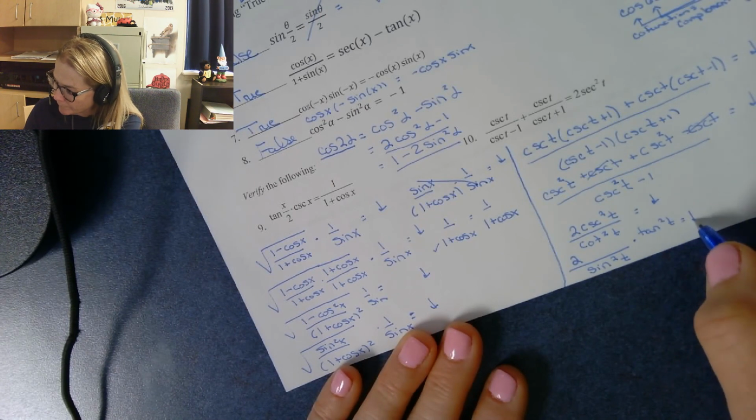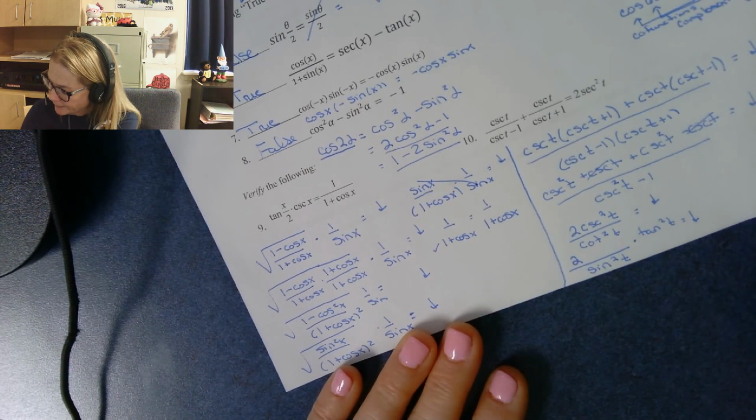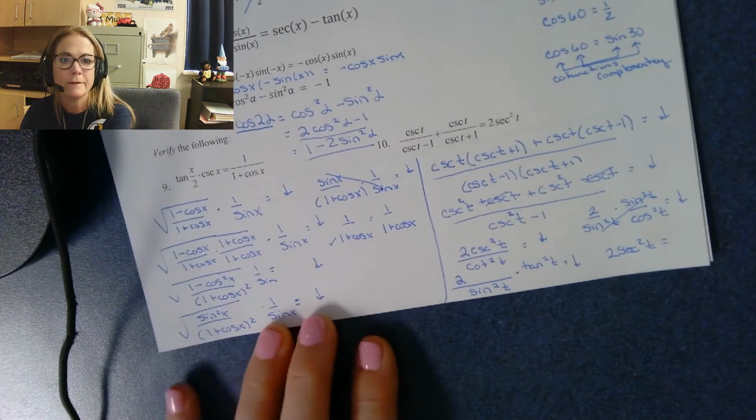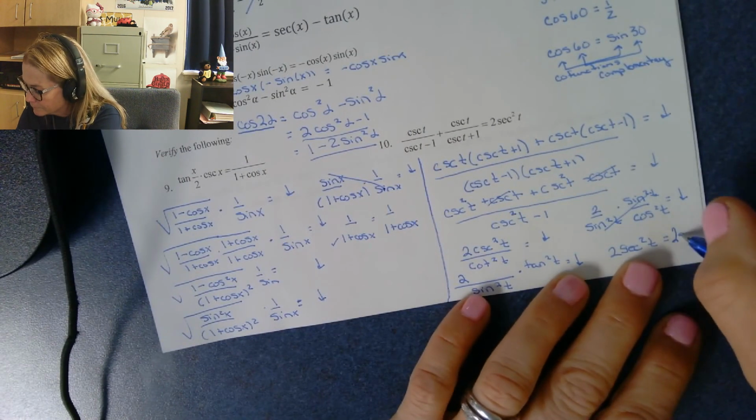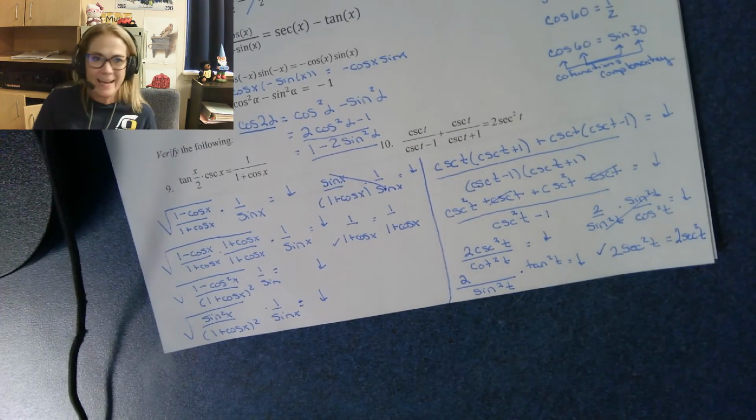All right, this is going to be 2 over sine squared of t, and this will be sine squared of t over cosine squared of t. Cancel, and 2 over cosine t is secant squared t times 2. And you can't see that. There we go. Verified.